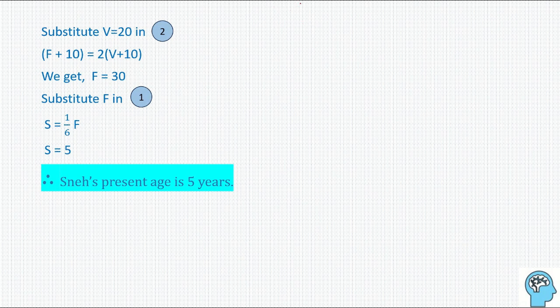The calculations I have done in the previous slide, and this is the continuation slide, where I have shown the same thing step by step. Finally, after getting F is equal to 30 and substituting this F in this equation, you'll get Sneha's present age as 5 years. Okay, this is the solution.